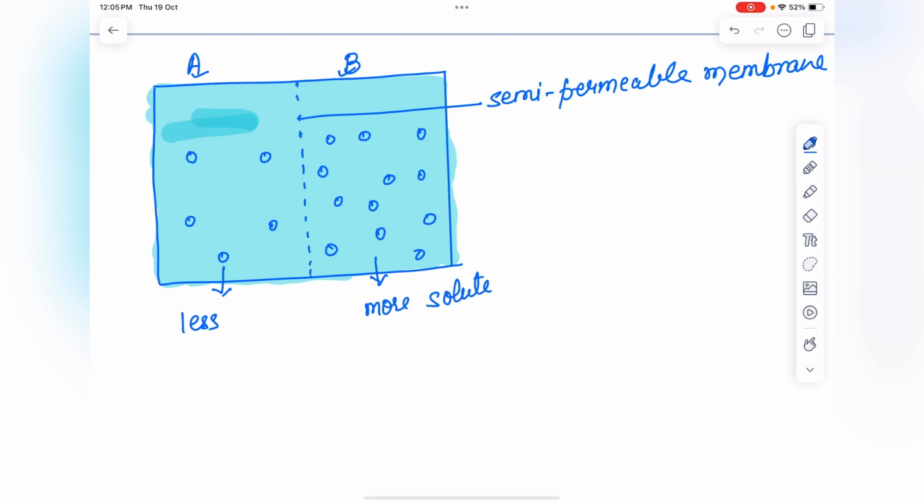As we know, if more solute is there, it will be negative. The more solute present, the lower the water potential will be. In A the solutes are less, so it has higher water molecules present, and B has more solute. So water potential will be more in A. The solution of which chamber has lower water potential? B will have lower water potential.